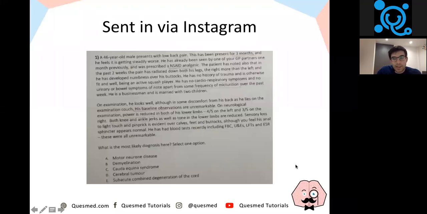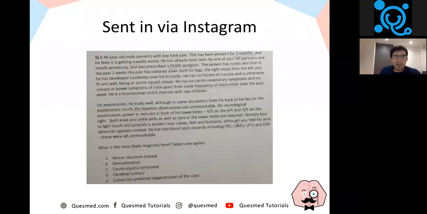And I think this is a really nice question where you have a lot of things going on and so much information, but actually there are certain things that point you towards a diagnosis. In a way, it all comes together quite nicely, even though it's not so straightforward. There are many things that point towards cauda equina syndrome, but it could also be a few other things.